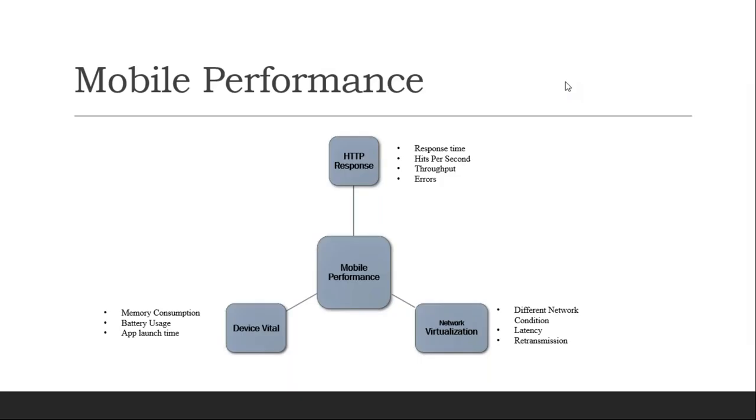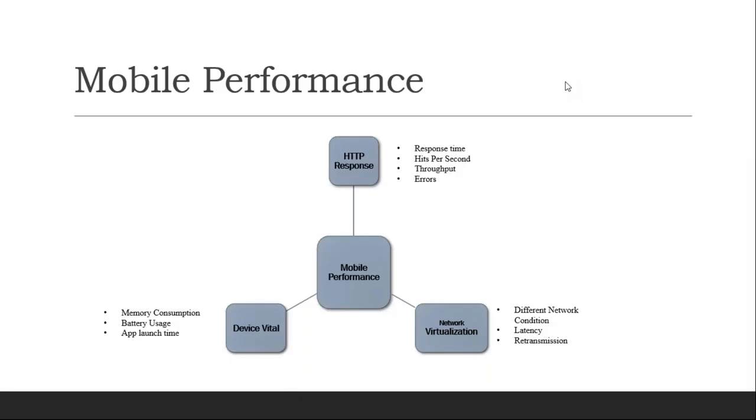Think of a person using a mobile device in an underground basement, in the lift, going down to the basement. How will the application work, because in the basement the network will be very weak? Or if someone is going to a forest or a remote area and trying to use the internet with low bandwidth, how will your application behave?